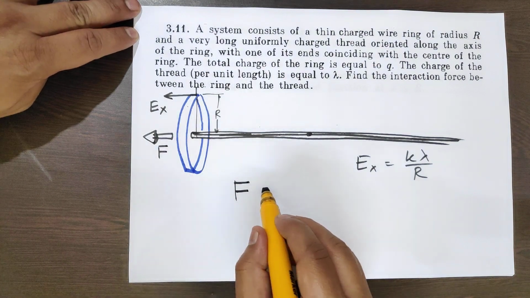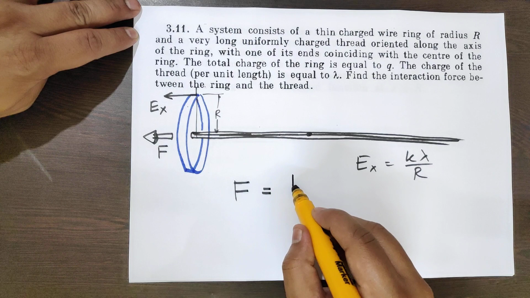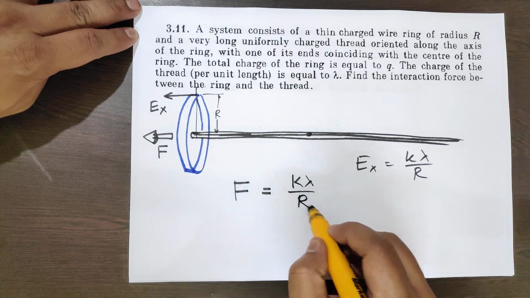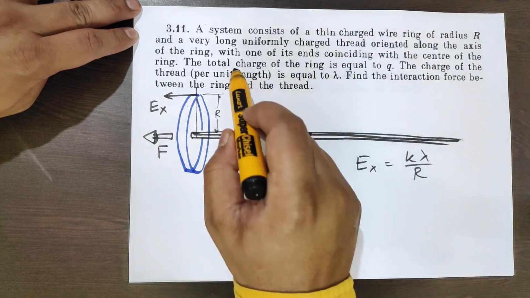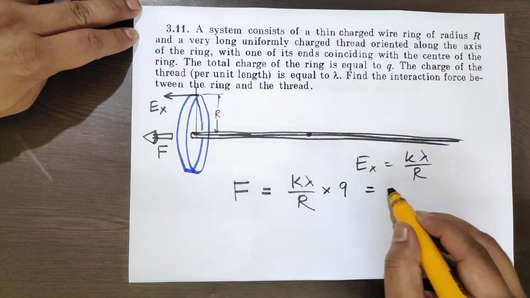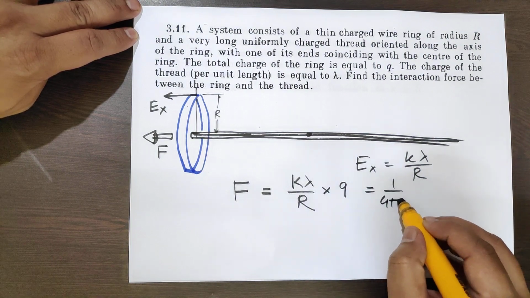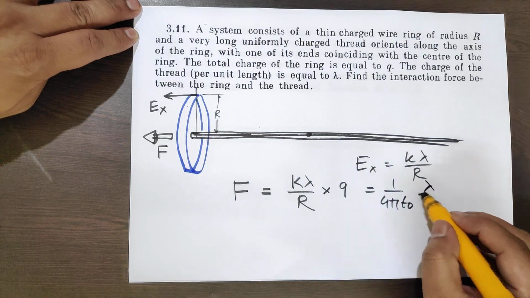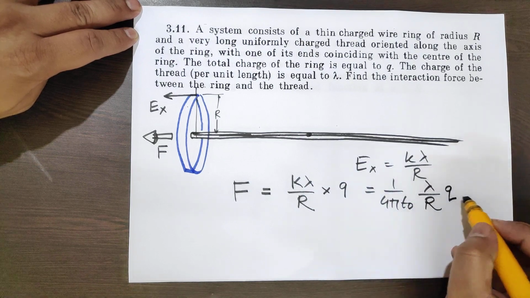F is equal to this field, k lambda by r, multiplied by the total charge on the ring, q. So you put the value of k, 1 by 4 pi epsilon naught, lambda by r, multiplied by q.